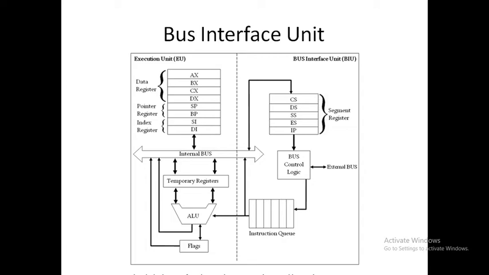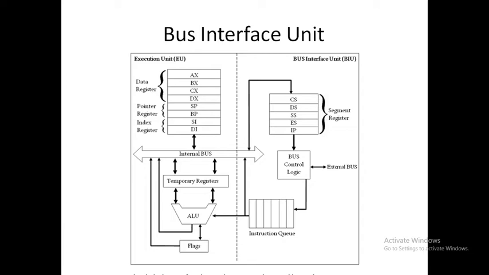The main difference is that the execution unit executes the opcodes or instructions, and the bus interface unit is basically a link between the execution unit and the outer world, that is memory or input output devices.